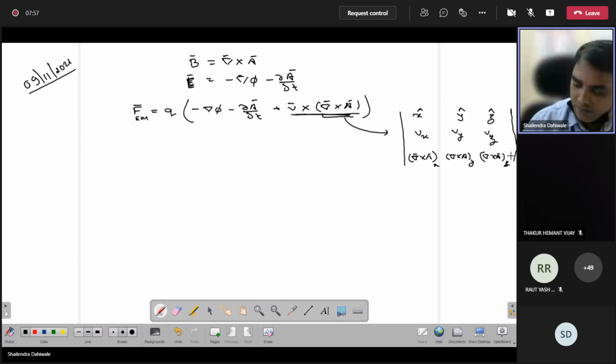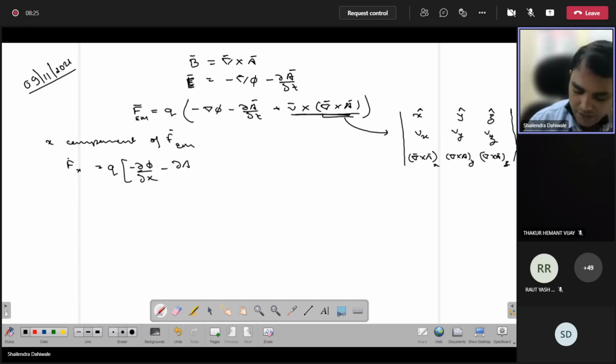Okay, so I can write this in a matrix form. If I want only the x component of the force, again q into minus del phi by del x, only the x part of it, minus del Ax by del t, plus the x component of v cross B, which will be Vy into this minus Vz into this, right?